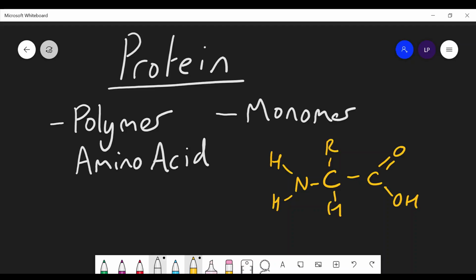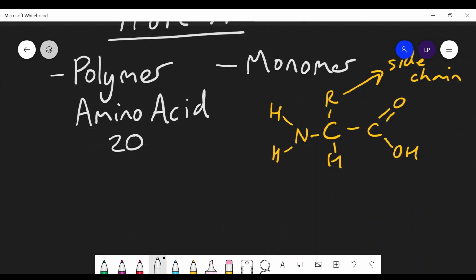So the amino comes from the amine and the acid comes from the carboxylic acid. That's where they get their name. The R is very important. This is our side chain. The side chain is different in each amino acid. In total there are 20 different amino acids that we require to make proteins.